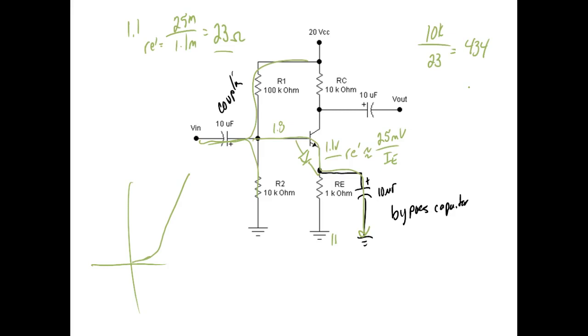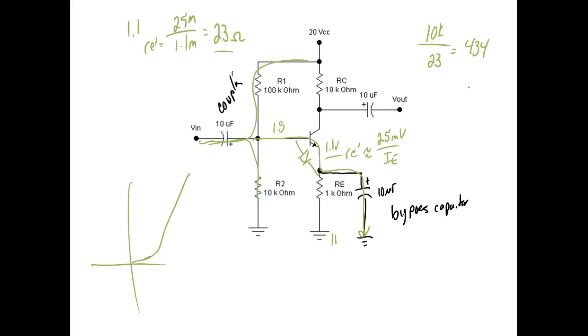Common emitter amplifiers have a relatively low input impedance and a relatively high output impedance, which means we don't want to match something that's got a high impedance to something that's got a low impedance, right? You understand? So we're going to choose what type of amplifier to use depending on what type of impedance is coming from the signal source and what type of impedance is going to the load.